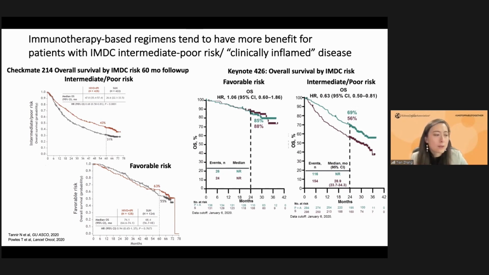And so there's some thought that even in favorable risk disease, perhaps there's some signal to using immunotherapy combinations. But that is a very controversial topic. But certainly for patients with intermediate or poor risk disease, I think we as a field are pretty convinced now that patients should be treated with an immunotherapy combination.